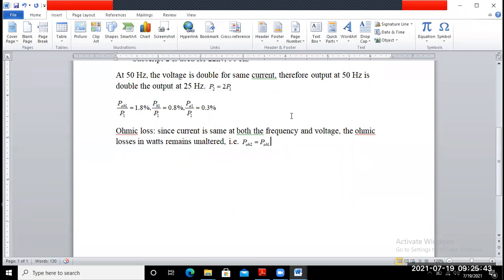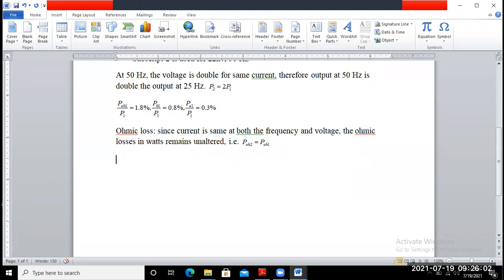Okay. Percentage ohmic loss at higher frequency, how much? If you want to represent it in percentage, that means POH2 divided by P2.